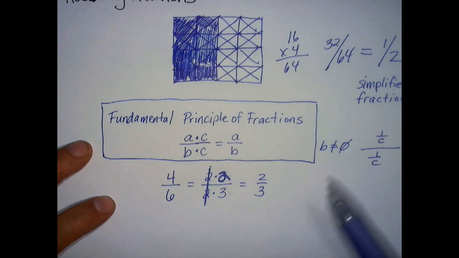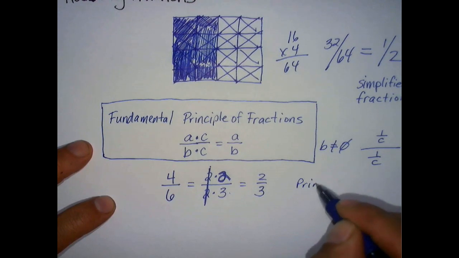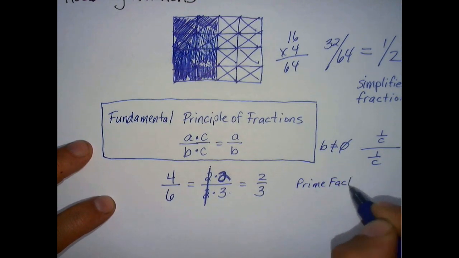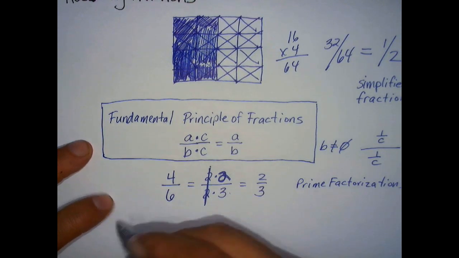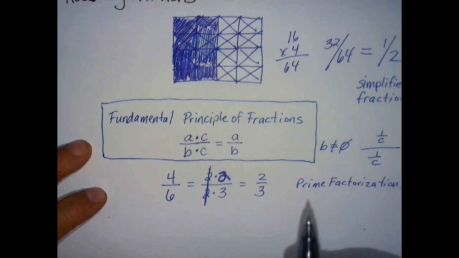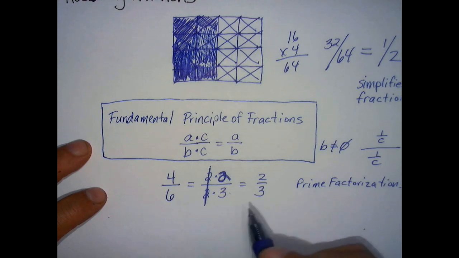Now it just so happens that the factorizations that I put up here are the prime factorizations. If you use the prime factorizations to reduce fractions, you'll never get it wrong. Just be careful. This rule only applies for multiply.